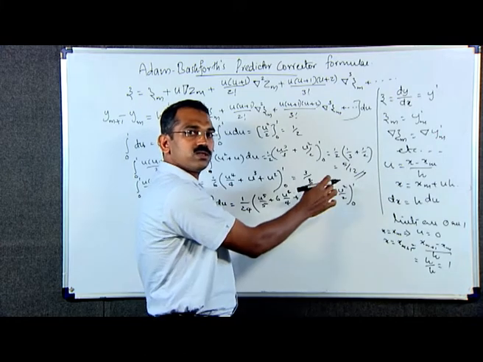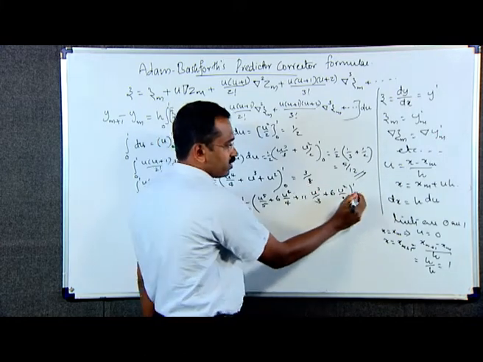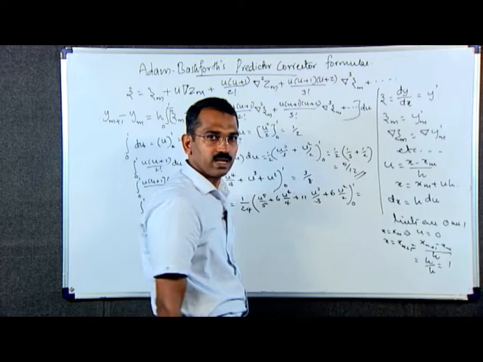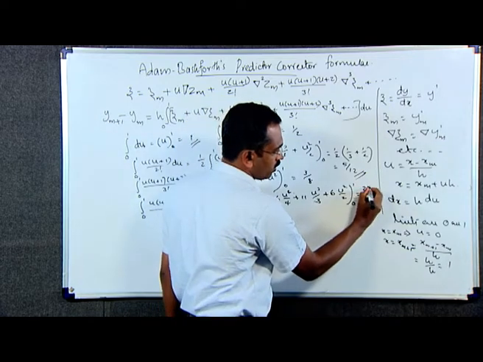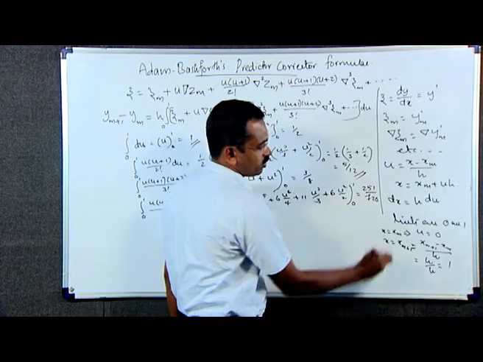Applying the limits 1 and 0, we will get the value of this integral as 251 divided by 720.